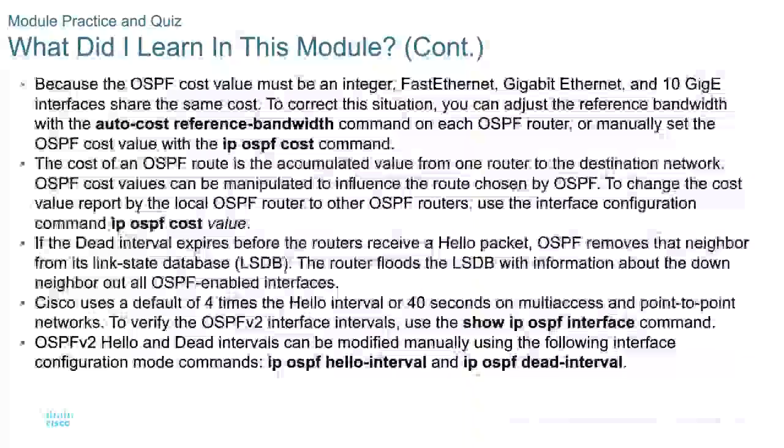We talked about the fact that we can change the interval timers, how long it waits for the lack of hello packets to arrive before it considers the link dead. So you change the hello interval, and the dead interval should always be 4 times the hello interval.